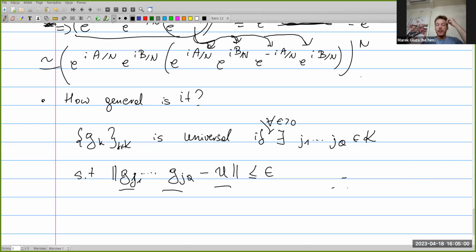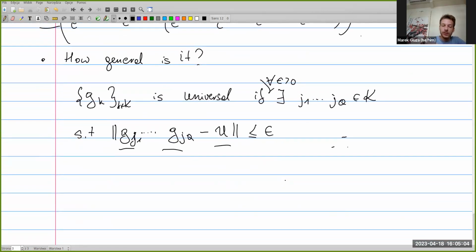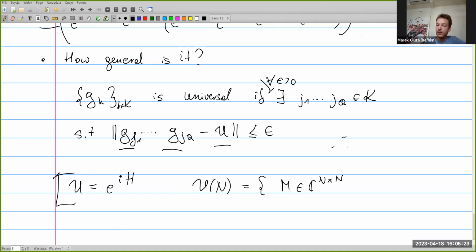Or we can try to explain this with the formulas that we know now, assuming something that we usually don't know in quantum computation. So let's say I have a unitary U, and we know that a unitary group on N, which is all N by N matrices.